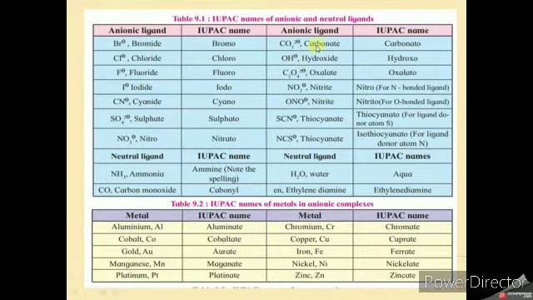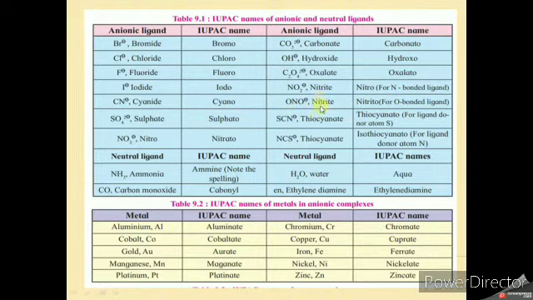Then CO3 2 minus, carbonate, carbonato; OH minus, hydroxide, hydroxo; then C2O4 2 minus, oxalate, replace ATE by ATO, oxalato; NO2 minus, nitrite, nitro, and here nitrogen is used as the bonding site.